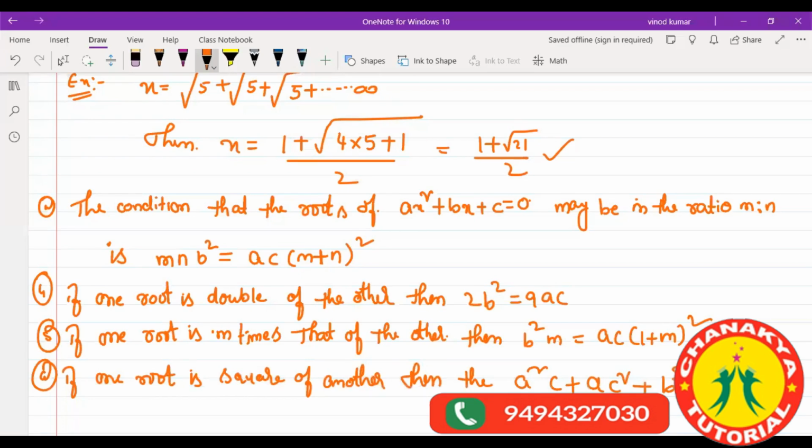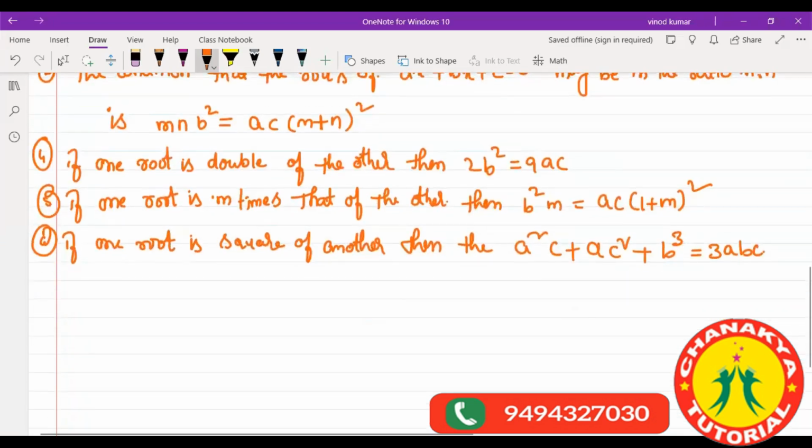For example, 2 4, 3 9, 4 16, 5 25. One root is square of the other root. Then the condition is a square c plus ac square plus b cube equals to 3abc.